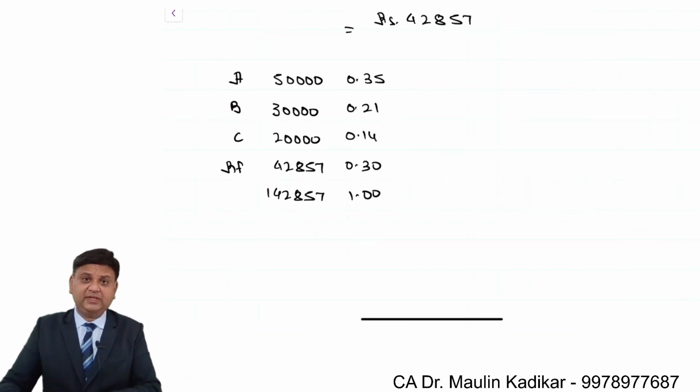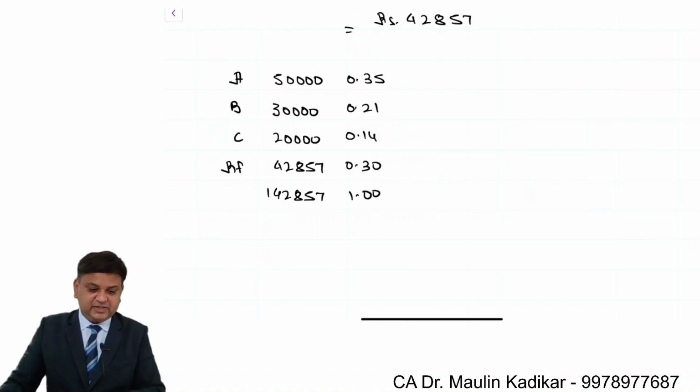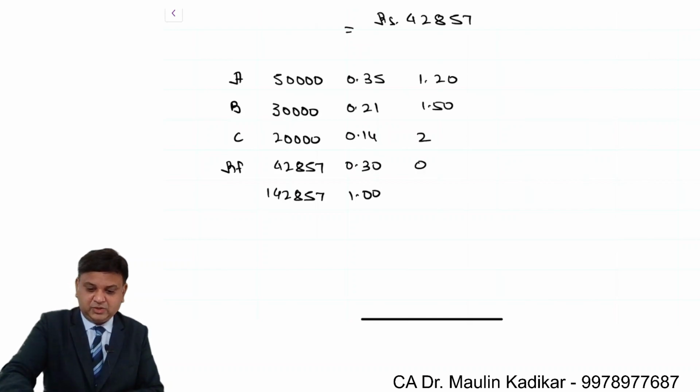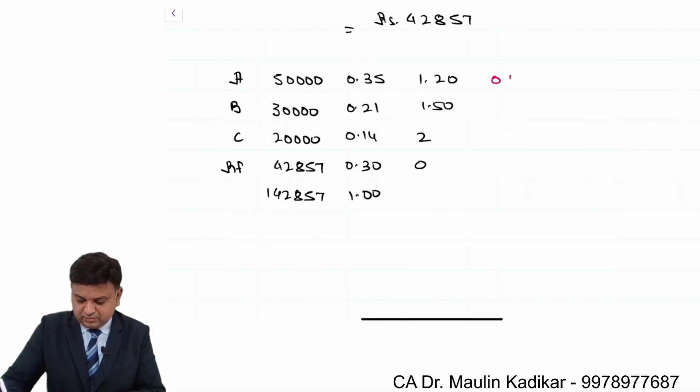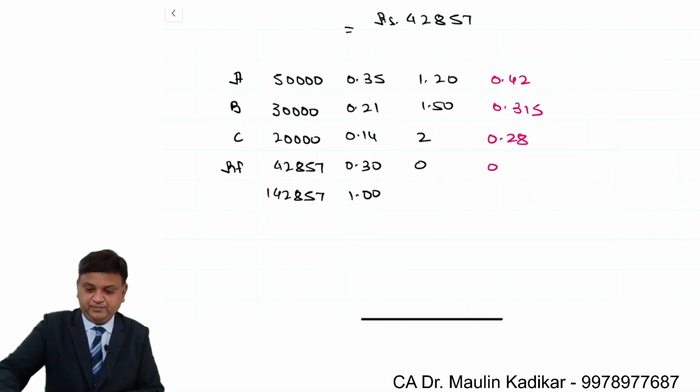Now multiplying with the respective beta. What is the beta? It is 1.20, 1.50, 2 and 0. So 0.35 into 1.2 is 0.42. 0.21 into 1.5 is 0.315. This is of course 0.28 and this is 0.